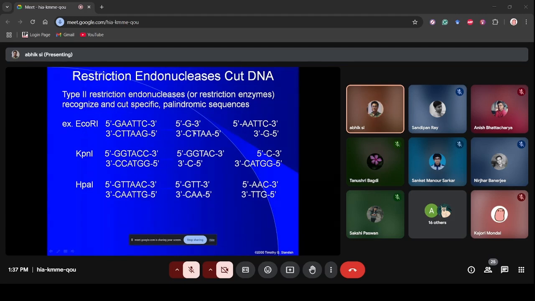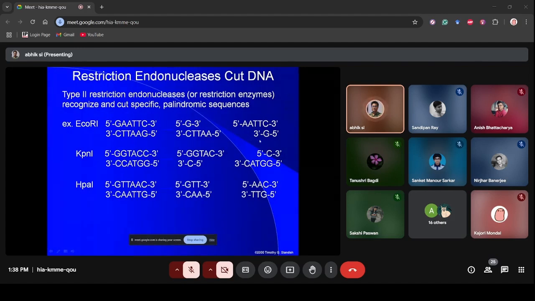If you look carefully, this TTAA part is single stranded. It doesn't have any double stranded region. Up to this G can make a hydrogen bond with C, but this TTAA remains alone.